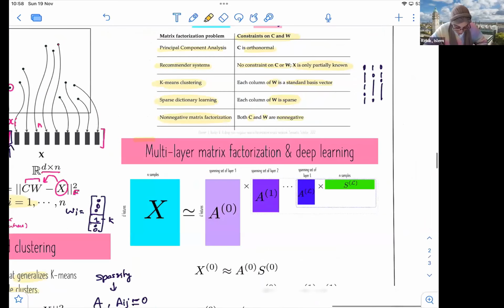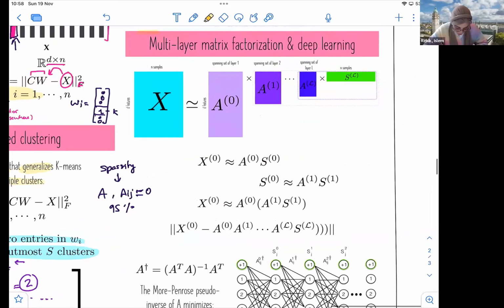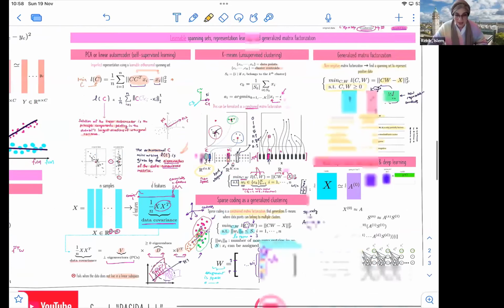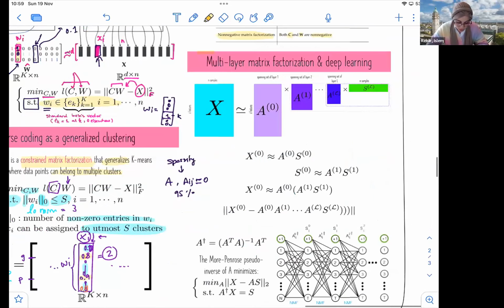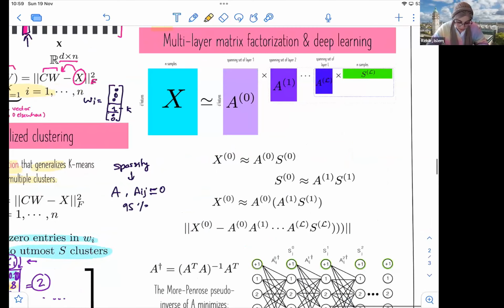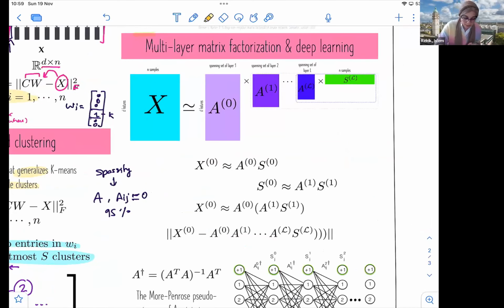All right, cool. Now, one last step to wrap up this map is the generalizability of matrix factorization to multiple layers, and this connects deeply to deep learning. So deep learning can be formalized as a deep matrix factorization or deep representation learning of an original data X. Now let's look at this together right here.